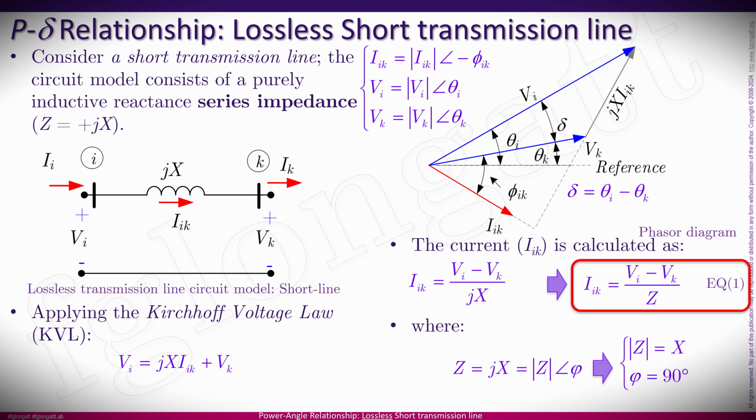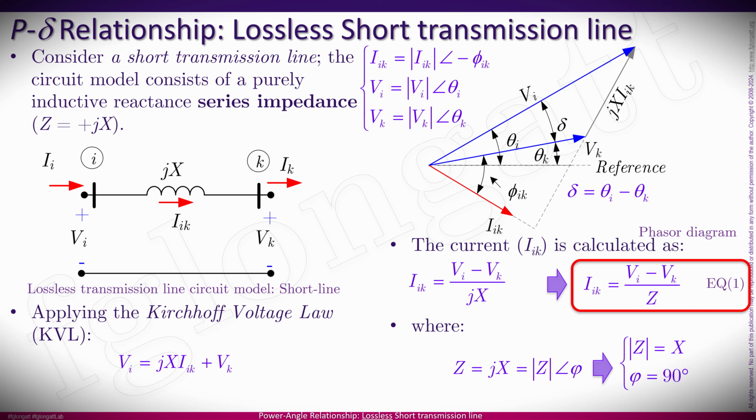There are different circuit models for the transmission line, and there are different ways to create those models. One of the most used criteria to classify those models is the total length of the transmission line. Without going into very complex detail, we can classify the models in short, medium, and long transmission lines.